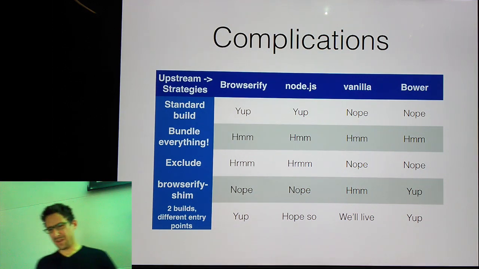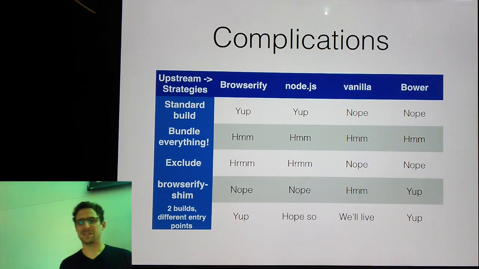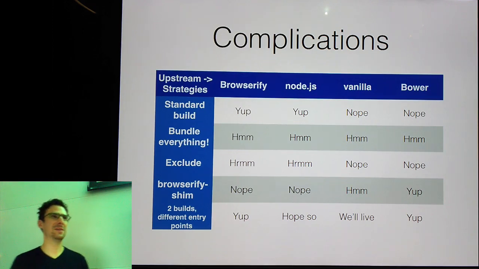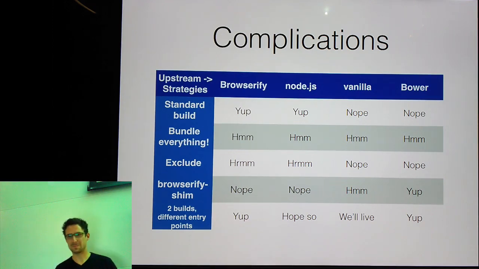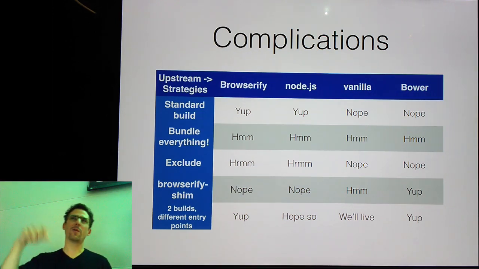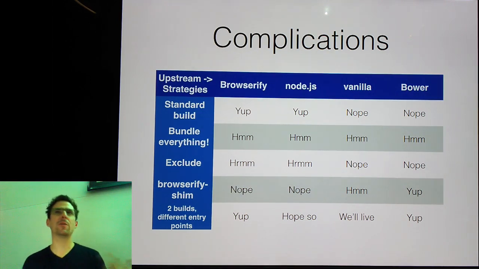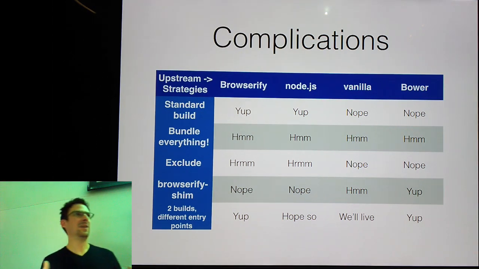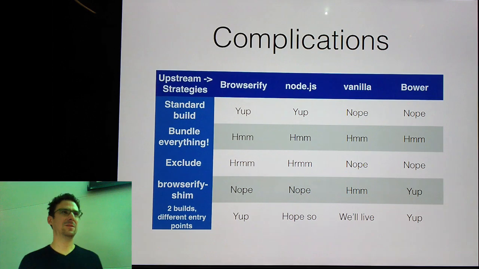So another option is that Browserify, and I'll show a little example of this, has a statement called exclude, which is sort of the opposite of require. When you're building a Browserify bundle, if there are requires, like for example require jQuery in your library, you can say exclude jQuery, and it won't bundle jQuery into that bundle.